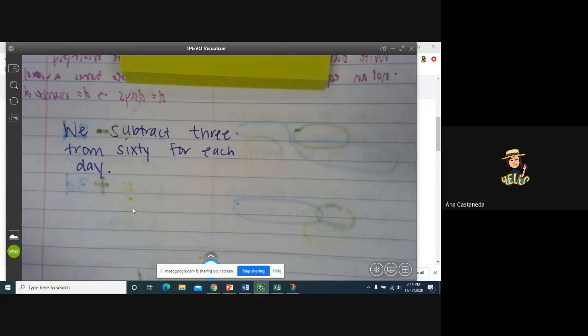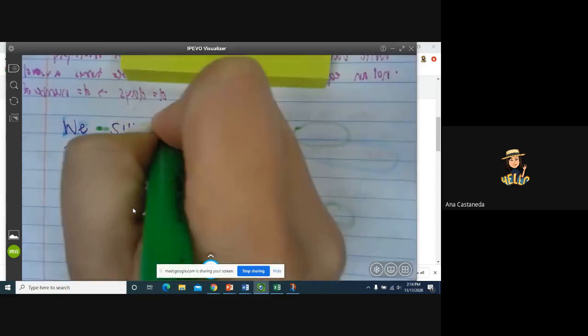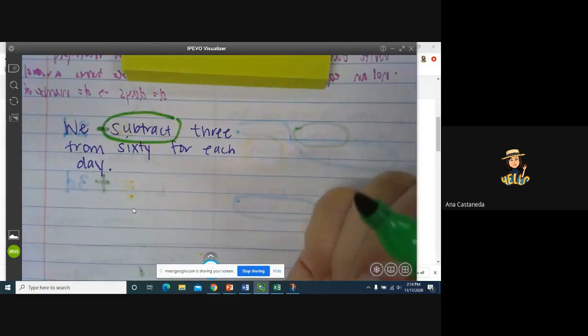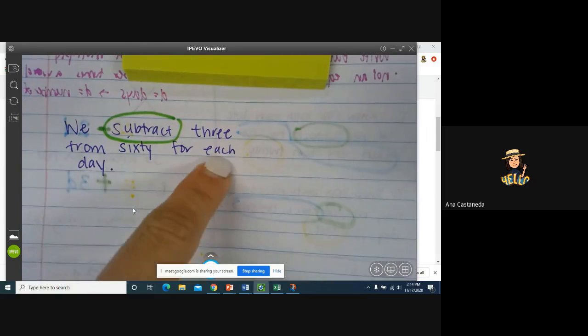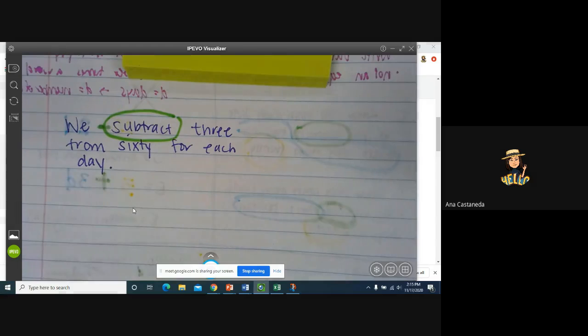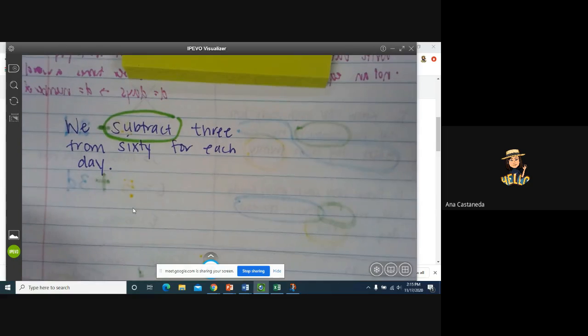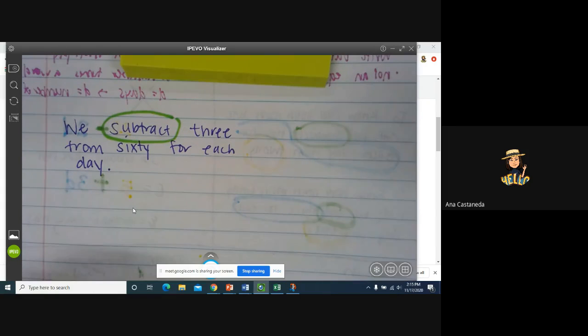Notice that I have the operation. The operation is subtract. So when you do your algebraic rule explanation, you have to use the math operation. We have a beginning because it's from 60, and then there's the algebraic part that says for each day. We don't say subtract 3 each from the one before. We say for each day. So this needs to be written on page 18.